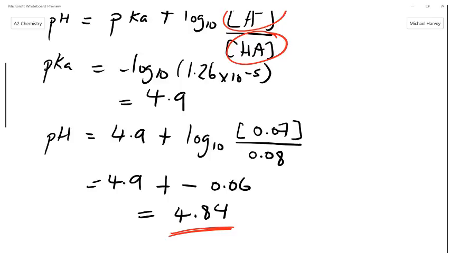So there's two ways to approach this. You can either use the Ka calculations, which I recommend, it's more step by step, or if you can remember it, you can use the Henderson-Hasselbalch equation, which is a good approximation, and they both provide the same answer.